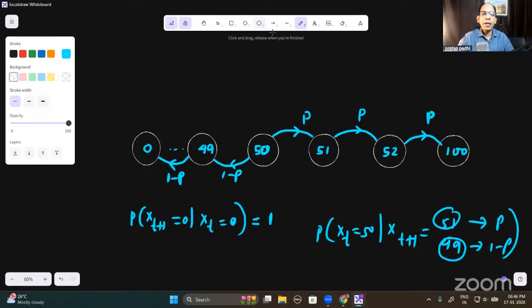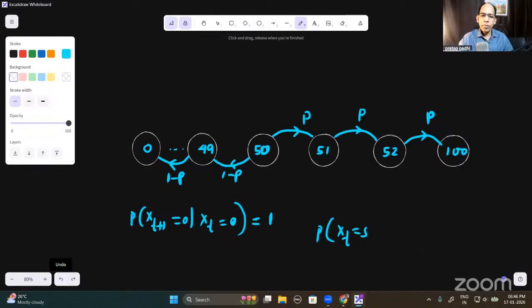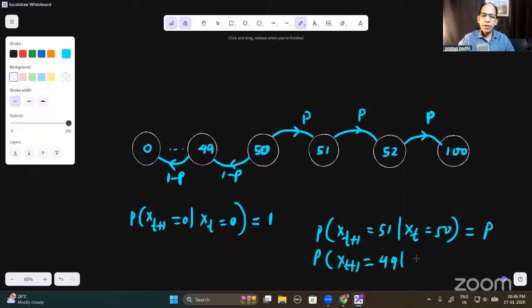If it looks complicated, X(t+1) will be 51 if X(t) is 50, with probability p. The probability of X(t+1) being 49 when X(t) is 50 is 1 minus p. It could be half, whatever, 0.7, 0.3, but there is a probability. But here there is no probability. There is 0 to 0.